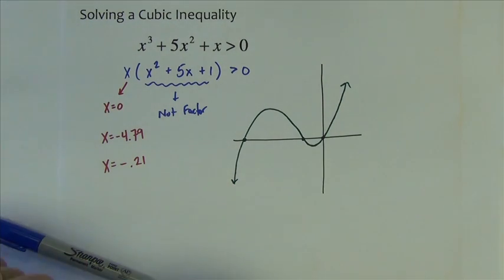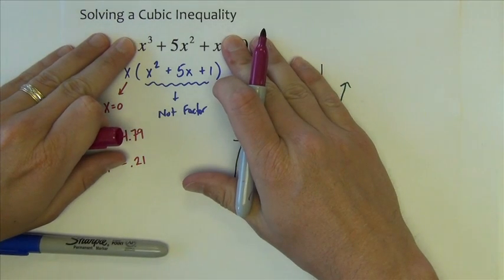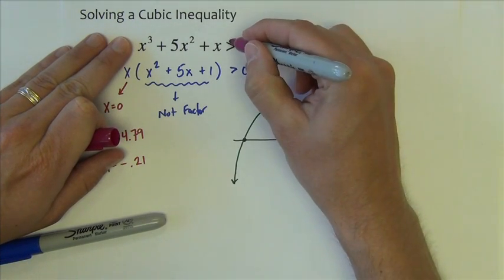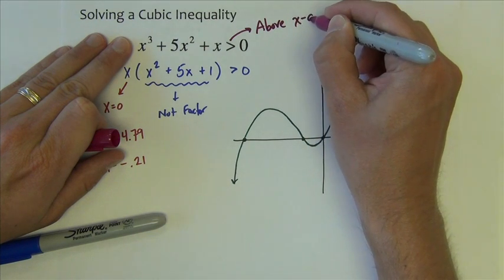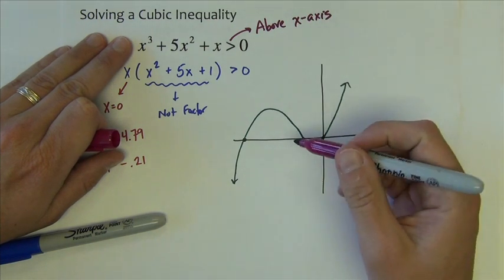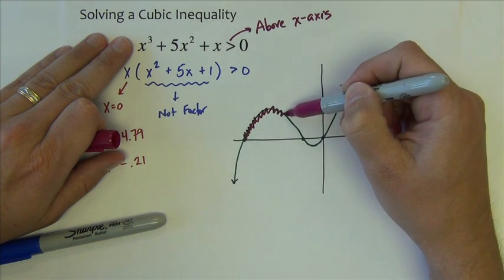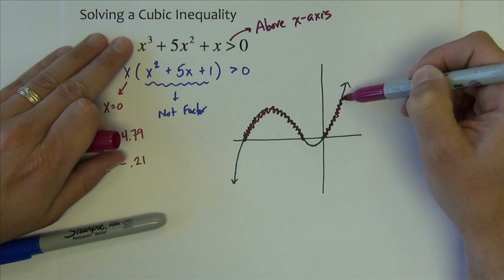Something like that. Alright, what we want to know is, where is the graph of this curve that I see here greater than, which means above, the x-axis? Well, it's above the x-axis right here. It's above the x-axis out here.